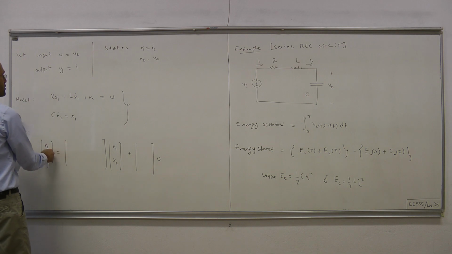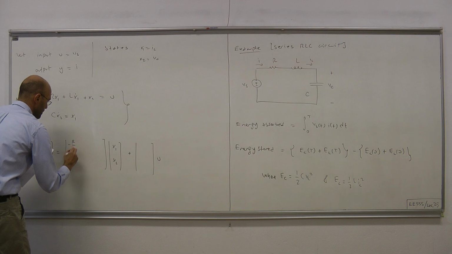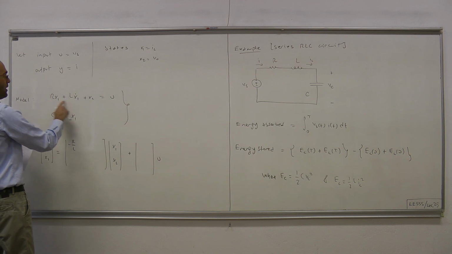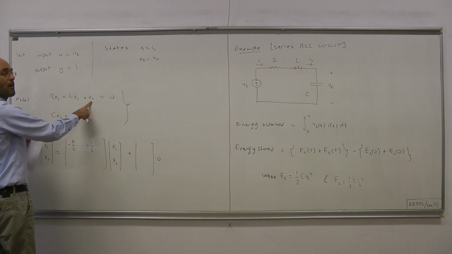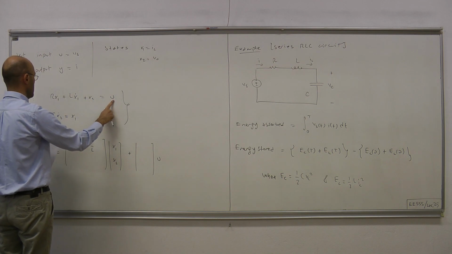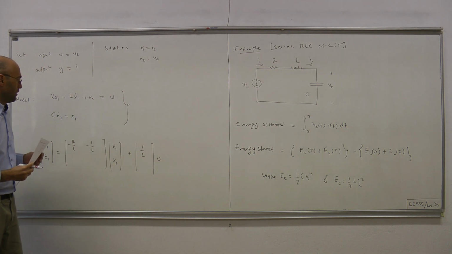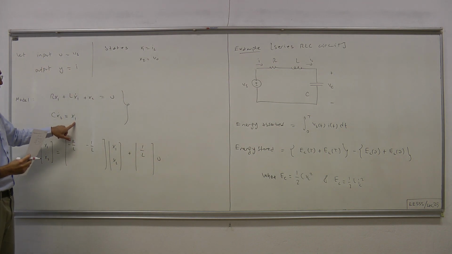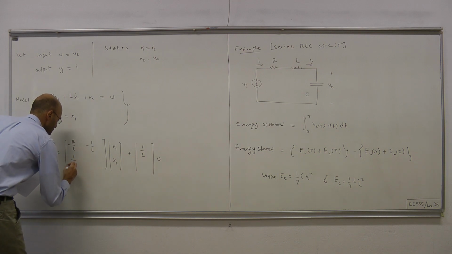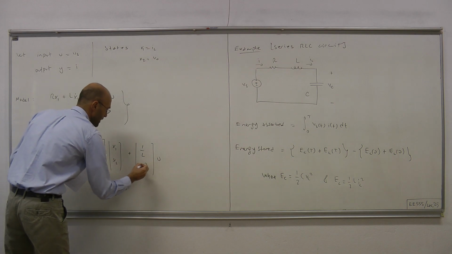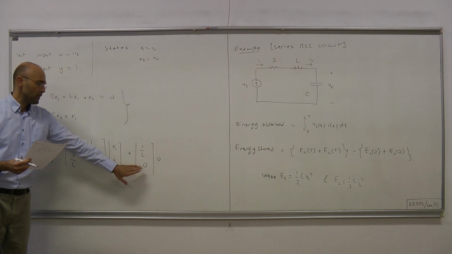What's x1 dot? x1 dot is minus R over L x1, minus 1 over L x2, and 1 over L u. As for x2 dot, it is simply 1 over C times x1. These entries must be 0. So that's x dot equals Ax plus Bu.